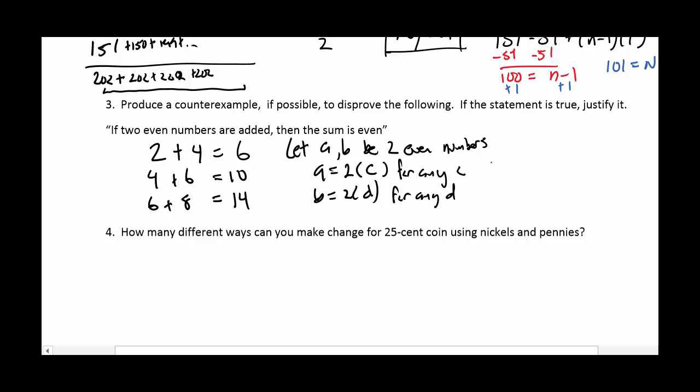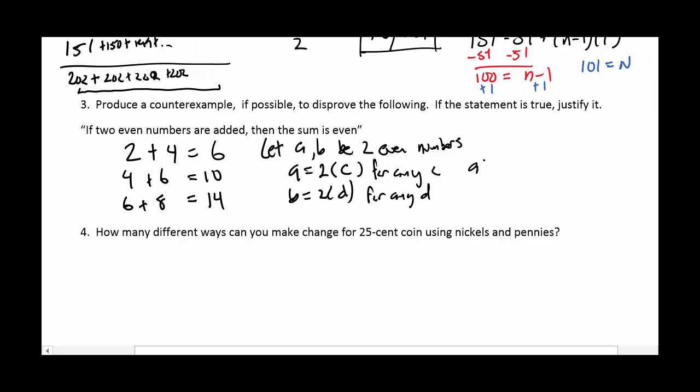And so if I add A plus B together, well, that's the same as adding this other expression I came up with, so 2C plus 2D. But then notice I can factor a 2 out. Okay, so what have I shown?